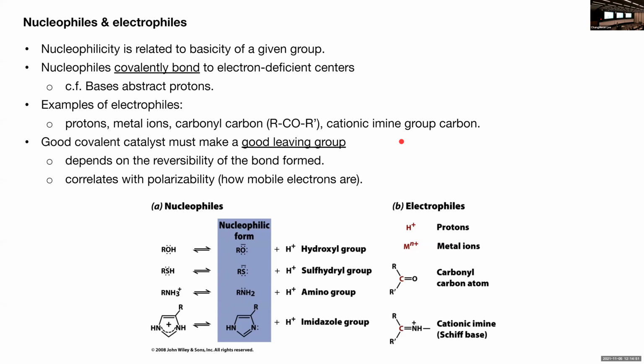Okay. So we talked quite a lot about nucleophilic groups, electrophilic groups, or atoms. Let's discuss these a little further. Nucleophiles are nucleophilic substances or atoms, and electrophiles are the other way around, electrophilic groups or atoms. Nucleophilicity or electrophilicity is related to the basicity or acidity of the given group.